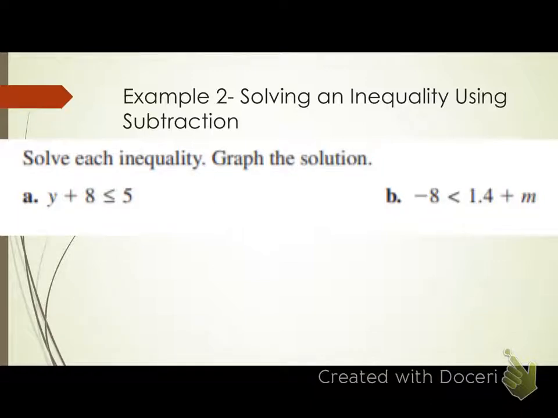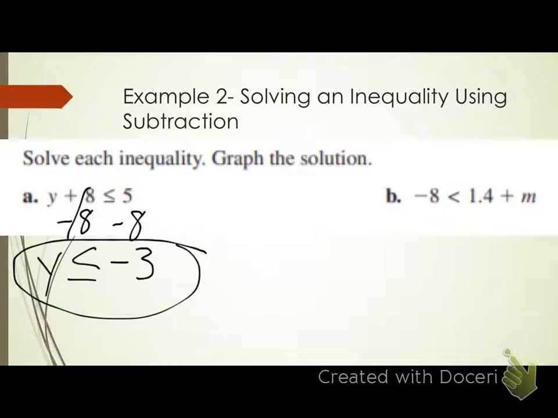Raise your hand if you can tell me how to get y by itself. Subtract 8 from both sides. So I get y is less than or equal to -3. So there's my solution. All the numbers that are less than or equal to -3.